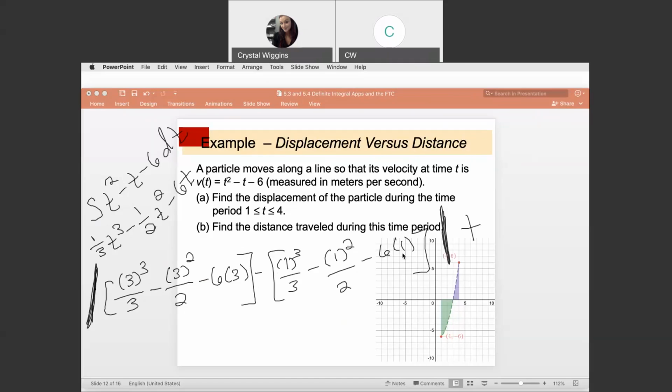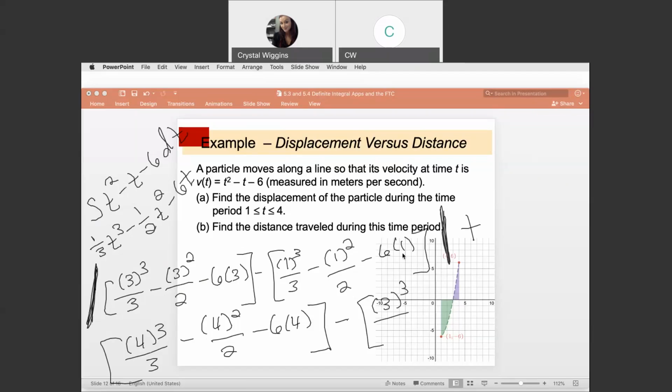So we have 4 cubed over 3 minus 4 squared over 2 minus 6 times 4, minus, evaluate out 3. So we have 3 cubed over 3 minus 3 squared over 2 minus 6 times 3.